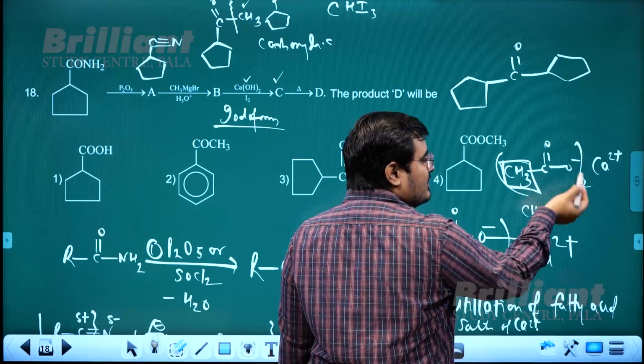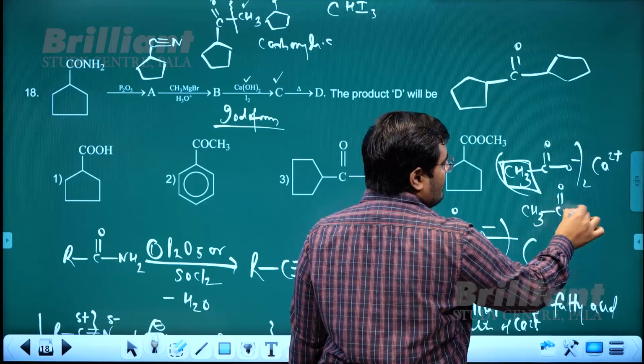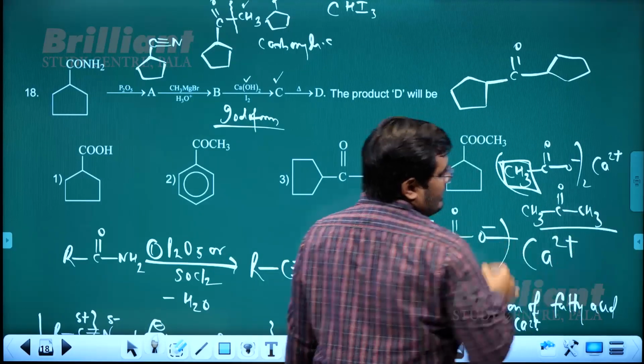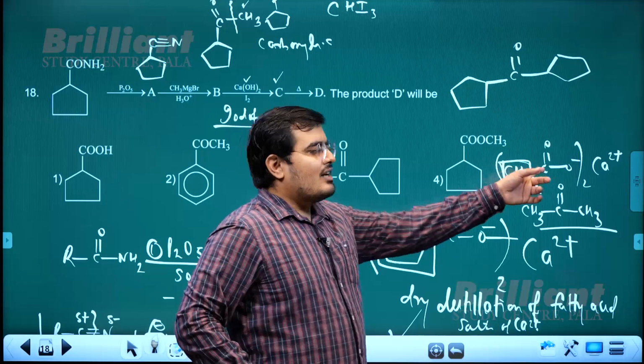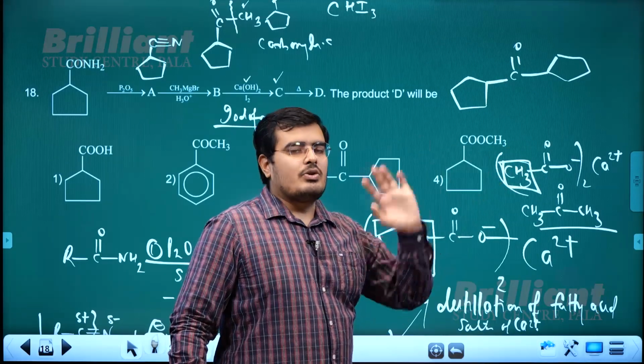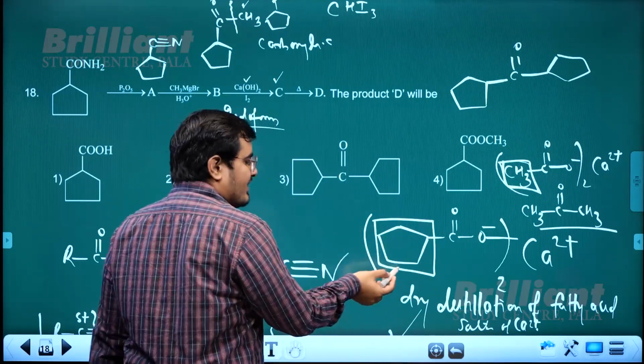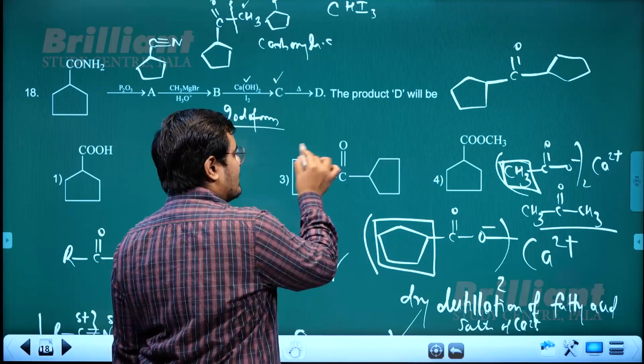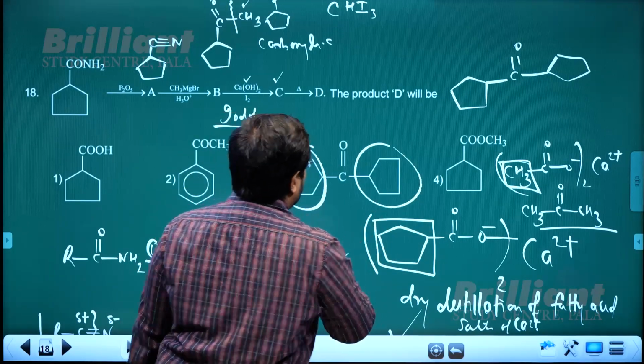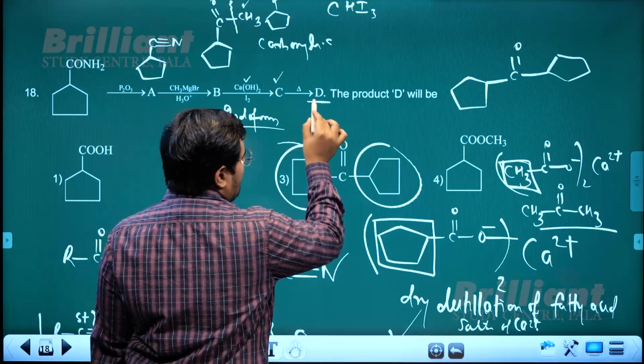So if I do the dry distillation of the acetate salt of calcium, then acetone will be the product. Or if this part is RCO minus, then the ketone will be RCOR. Since this has a 5-member ring, the ketone formed will have a 5-member ring on either side. So that happens to be our option D.